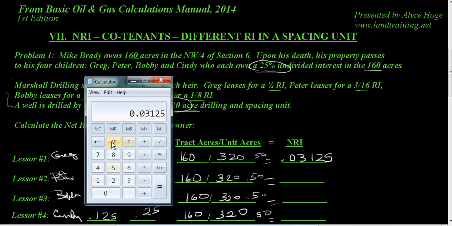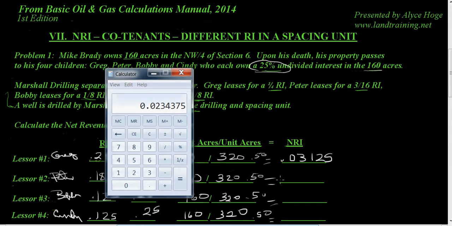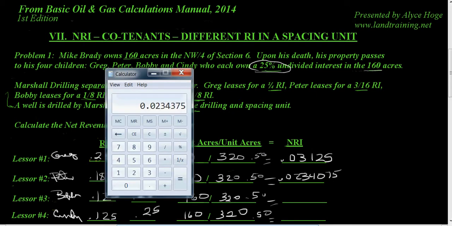So his interest is going to be a 0.1875 times a 25% mineral interest times the tract acres divided by the unit acres. That's a 0.0234375.